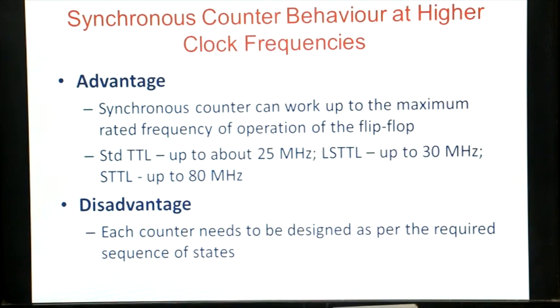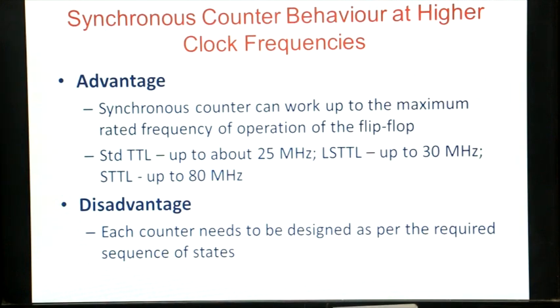With low power Schottky TTL, you can go up to about 30 MHz, with a Schottky TTL up to about 80 MHz. But the major disadvantage, if you may say so, is that each counter needs to be designed as per the required sequence of states. You could see that in the previous case, we had a fairly complicated design, but you need it only once. And the advantages you get are far more superior.